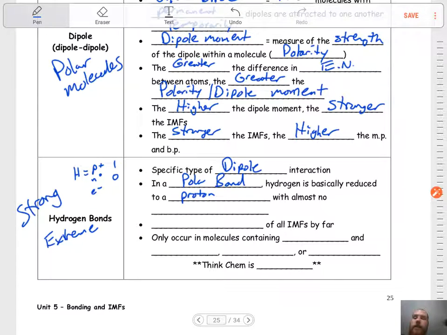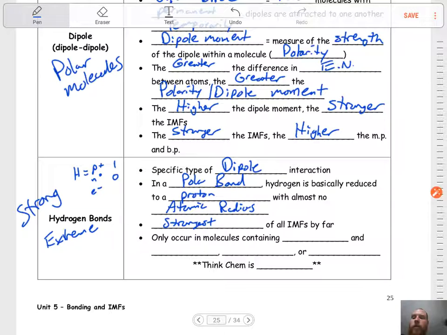So that's what that means. It's got almost no atomic radius, so it's just a very extreme case of polar bonding, which makes it so strong. Okay, this is the strongest of all the IMFs by far.